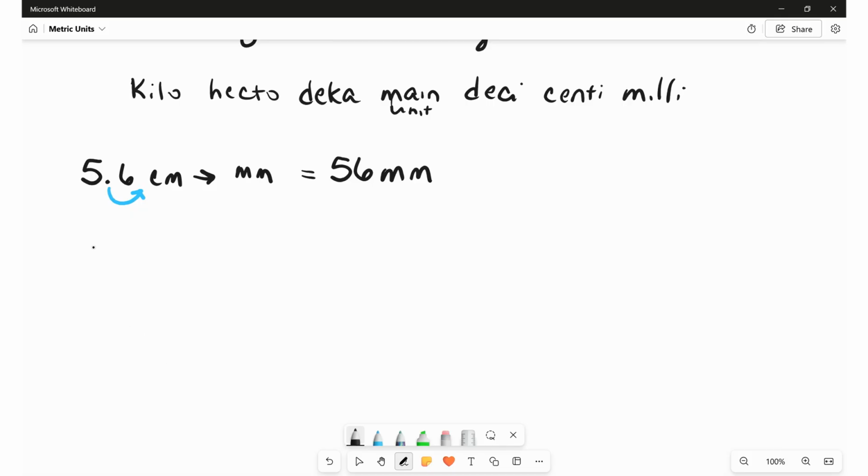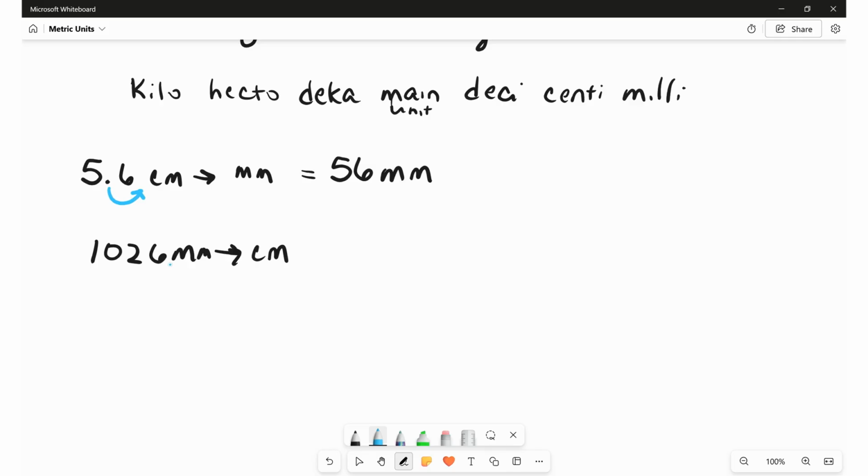Now, what if we had 1,026 millimeters, and we want to convert that to centimeters? Well, again, these are only one space away, milli and centi.